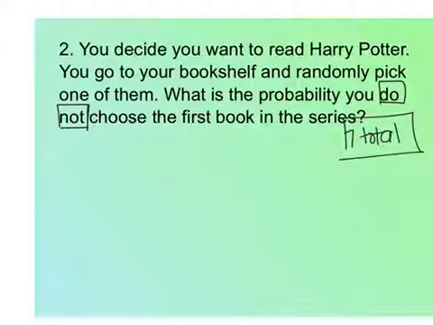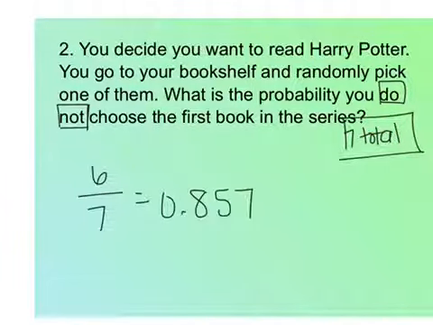So I will take the 2nd, the 3rd, the 4th, the 5th, the 6th, or the 7th. So there are 6 of them that I would take out of the 7 total. Plug that into your calculator to get a decimal, you get 0.857.